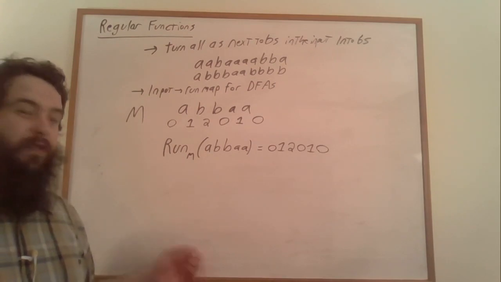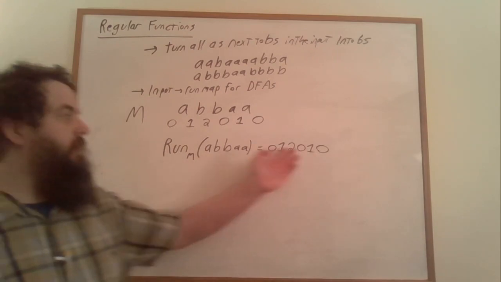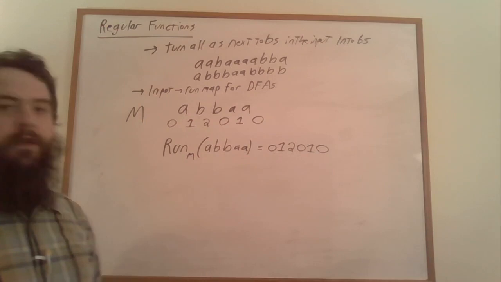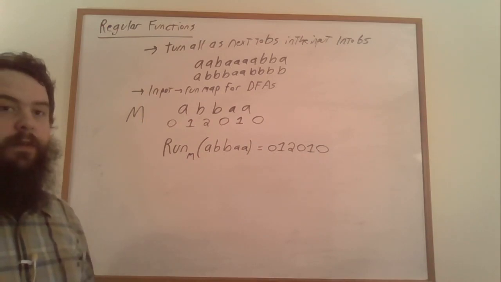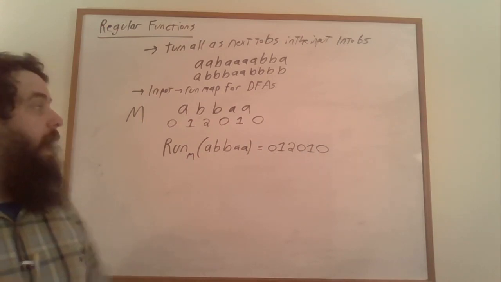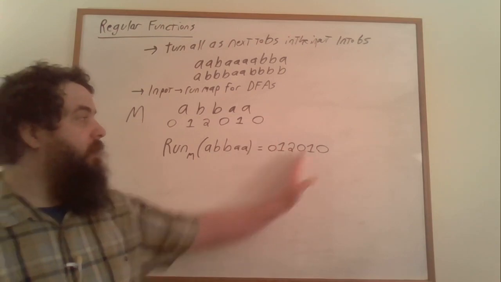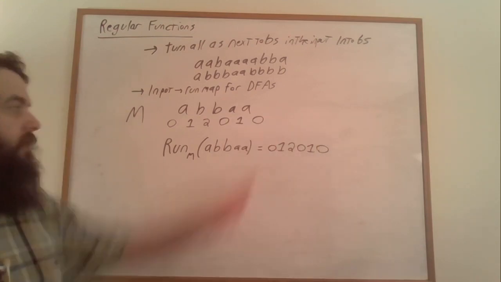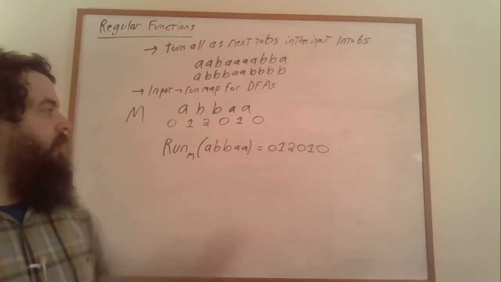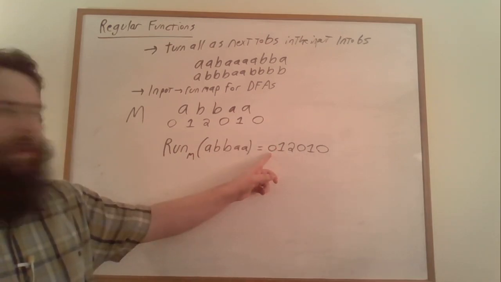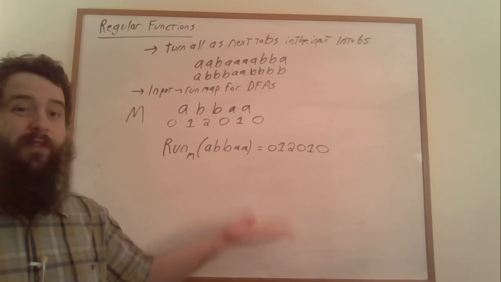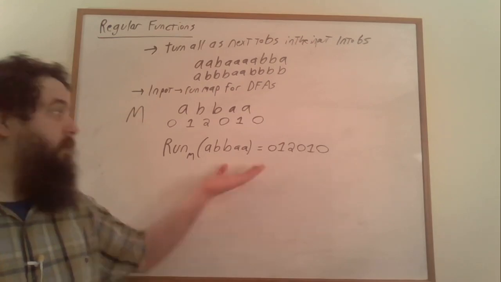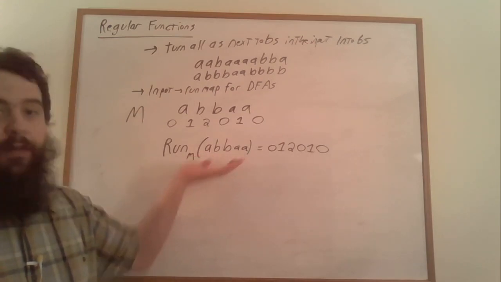One of the things that's really awkward about this function is that the length of the output is one more than the length of the input. And so we can fix that by either removing the first character or removing the last character. It's really natural to want to remove the first character because, after all, this state here is just the start state of our finite state automaton. It doesn't reflect any information about the input.